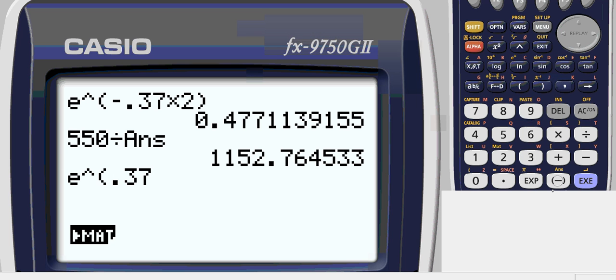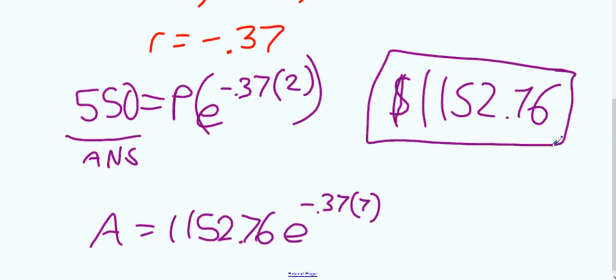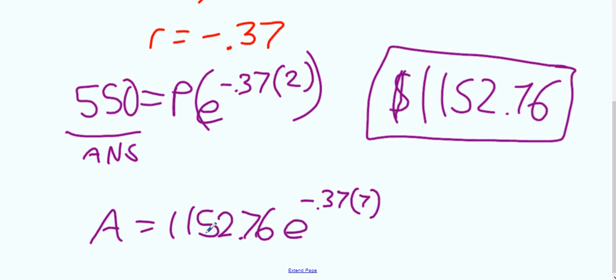So e to the negative 0.37 times 7, times 1,152.76.